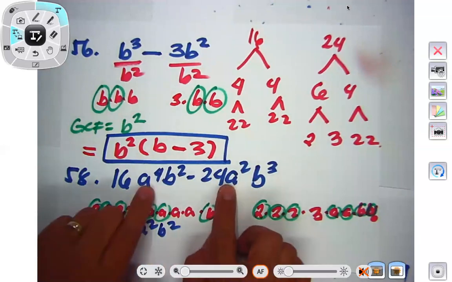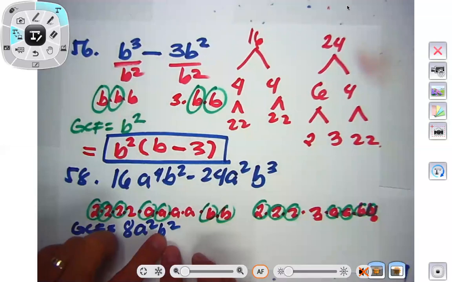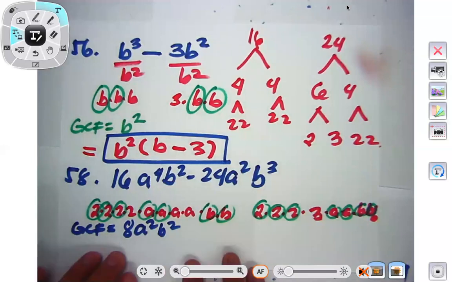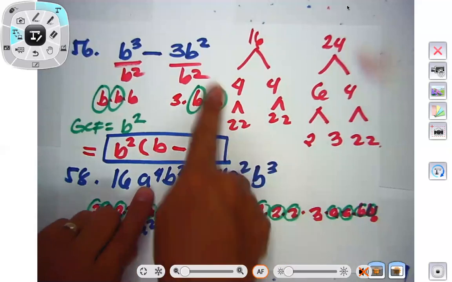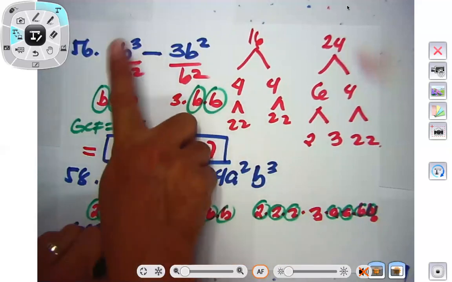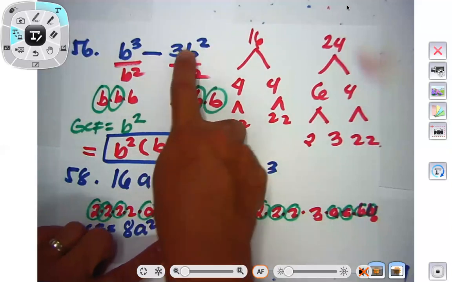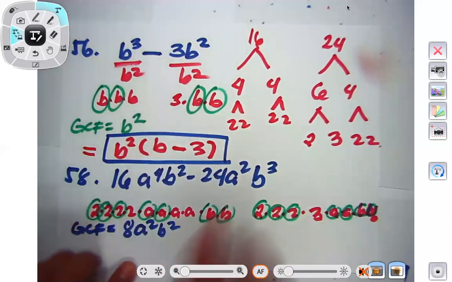Do you see a squared here? Do you see b squared here? What do you notice? The greatest common factor is the smaller power, right? B squared, so that's your GCF.